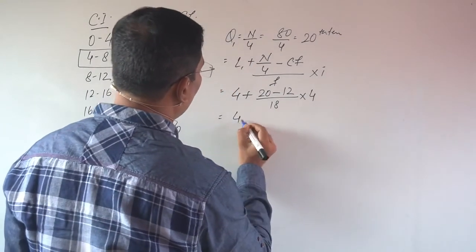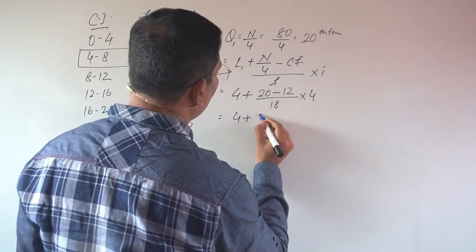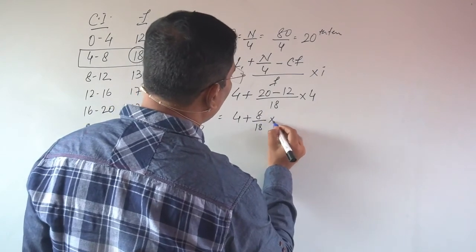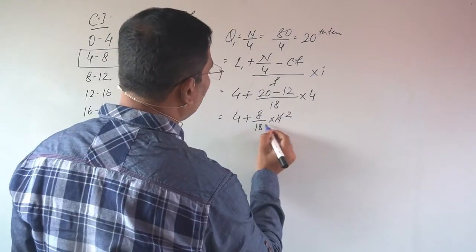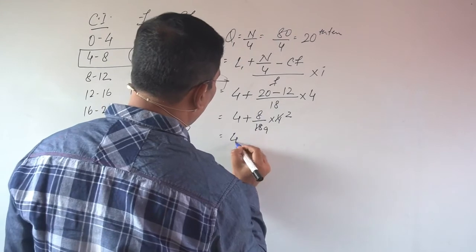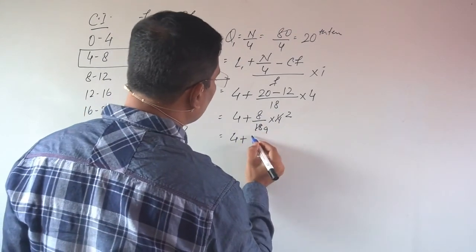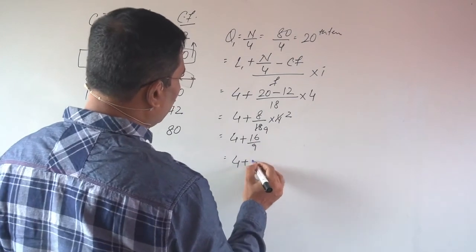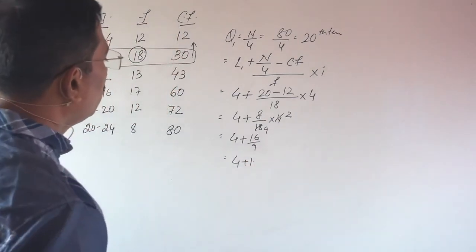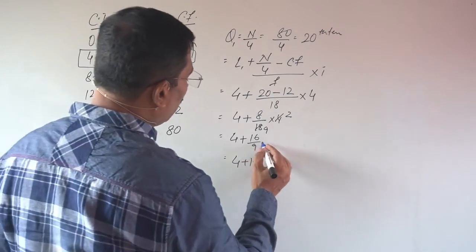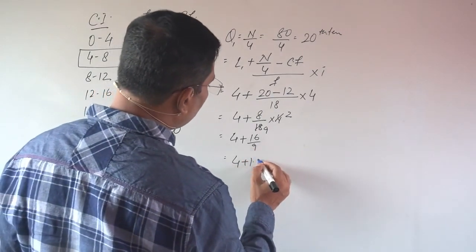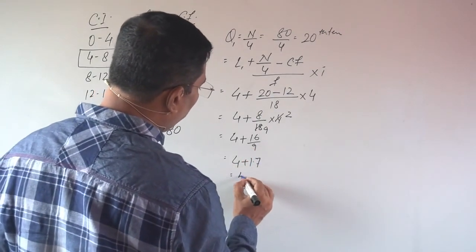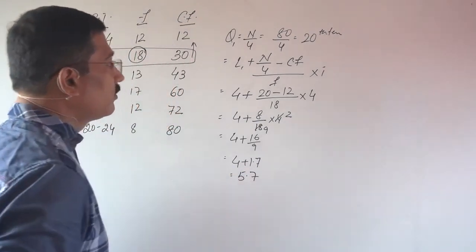Now calculate: 4 plus (20 minus 12) upon 18 into 4, which is 4 plus 8 twos are 16 divided by 9. So the result will be 9 ones are 9, 70, and 9 sevens are 63. So the result will be 5.7.